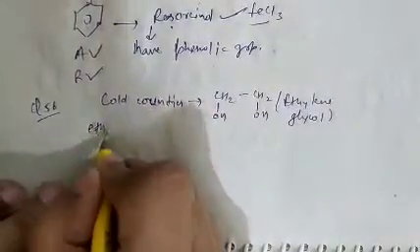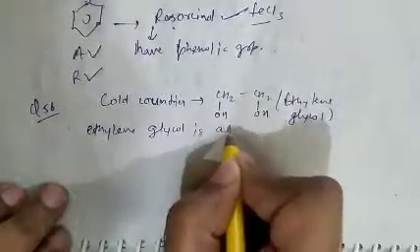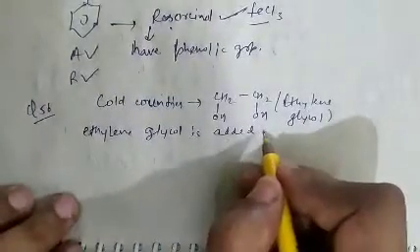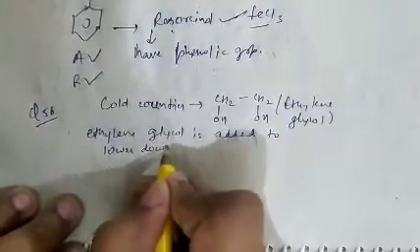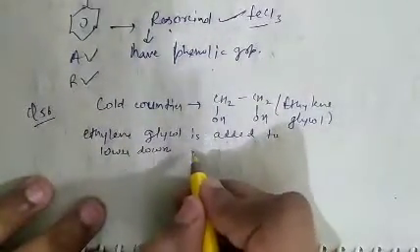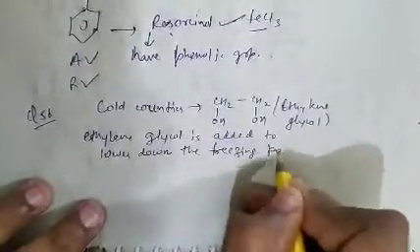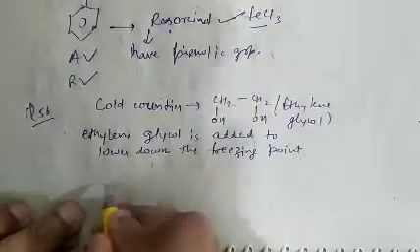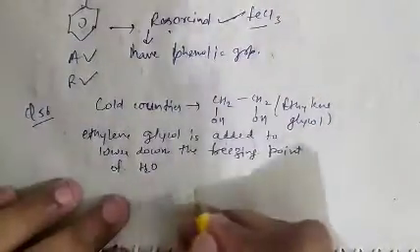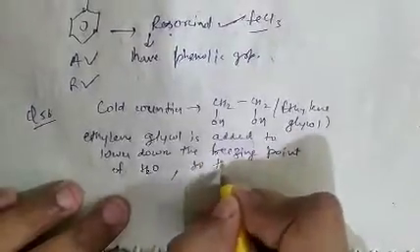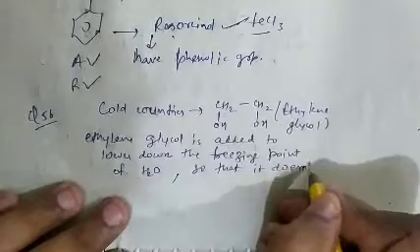Ethylene glycol is added to lower down the freezing point of water, so that it does not freeze.